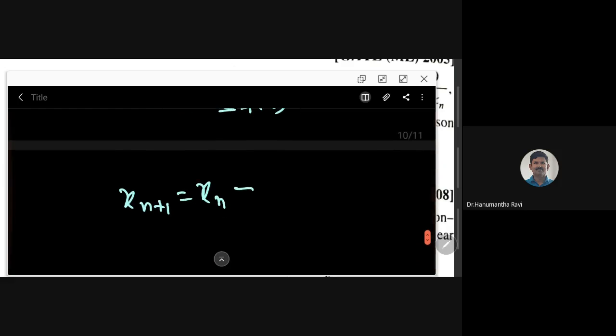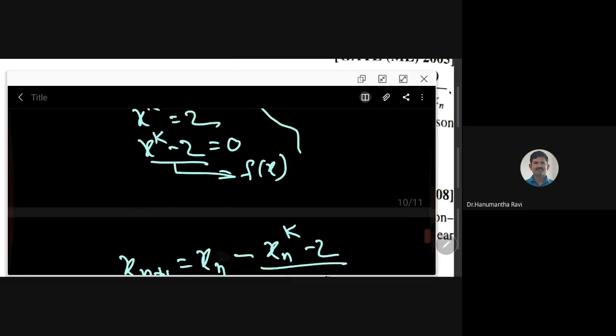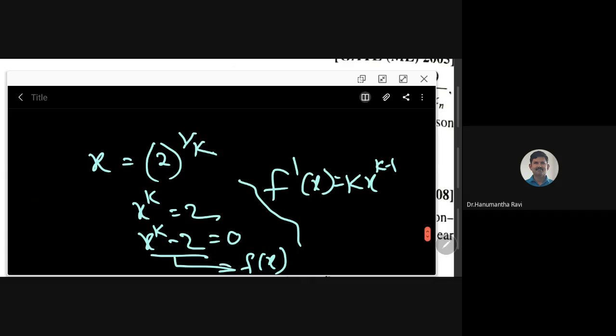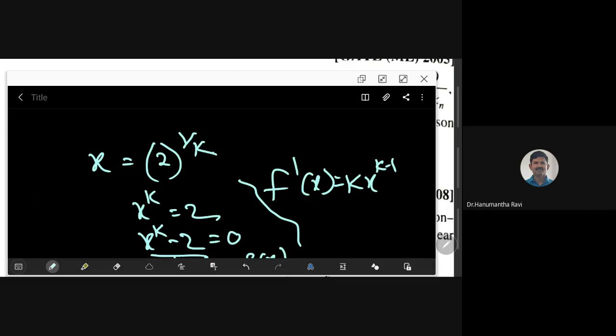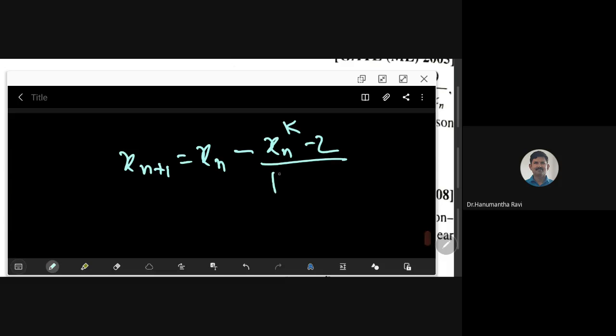Right, it is xn power k minus 2, by f dash, which is k x power k minus 1. Right.